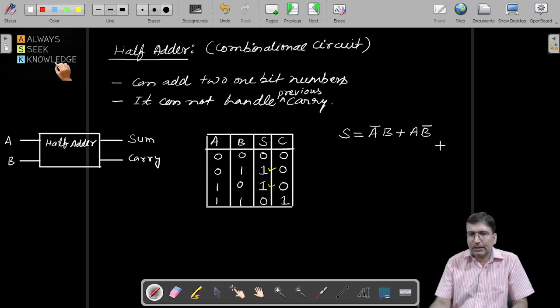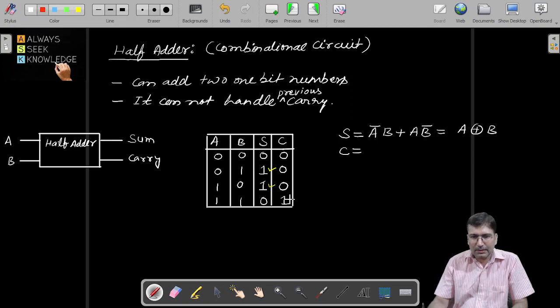This is the Boolean expression of sum, which we can also write as XOR, so A XOR B, right?